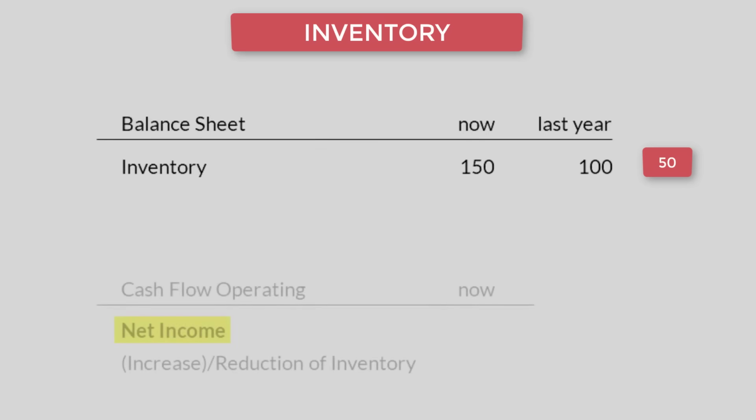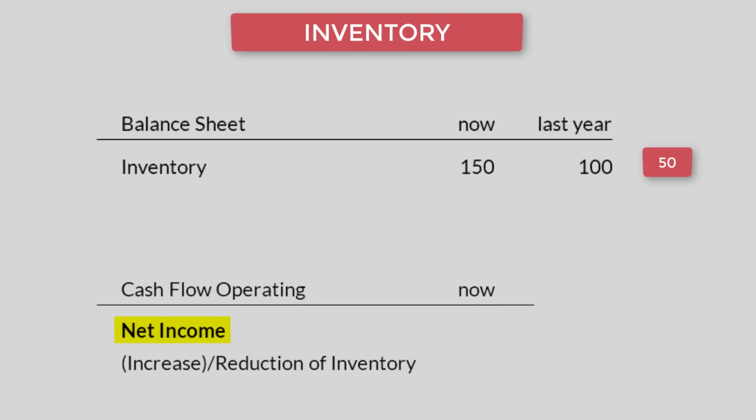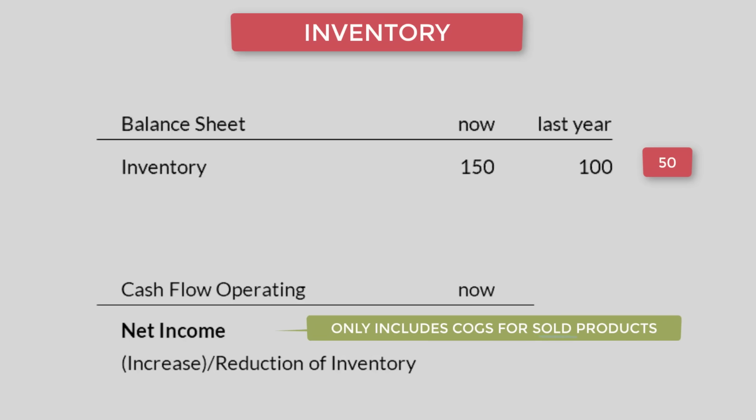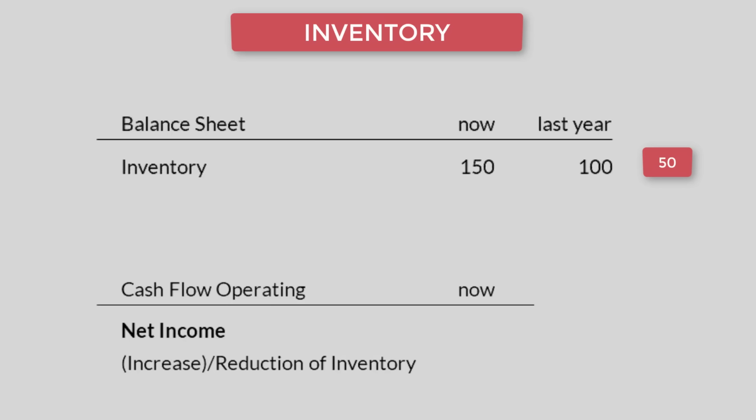Is this increase reflected in the starting point up here, the net income? It's not, right? Net income just includes the expenses for cost of goods sold, but not if you're buying more inventory than you're selling. That's why we need to adjust for it here. A higher inventory means cash is decreasing, a lower inventory would increase it.